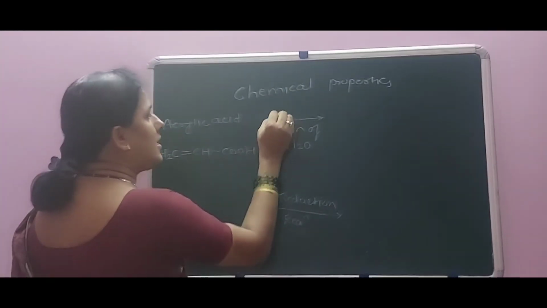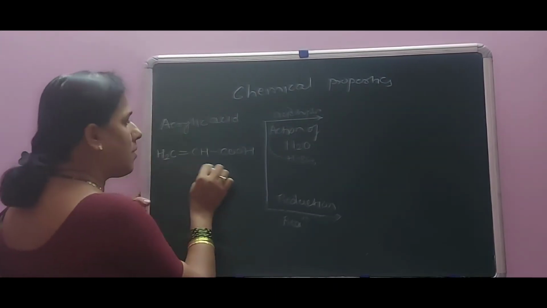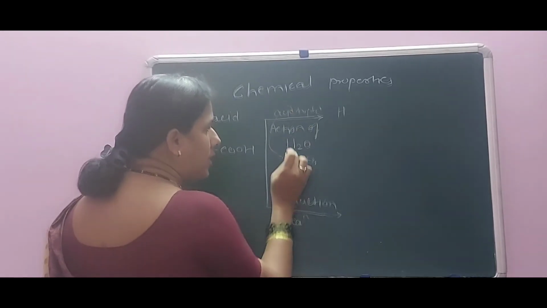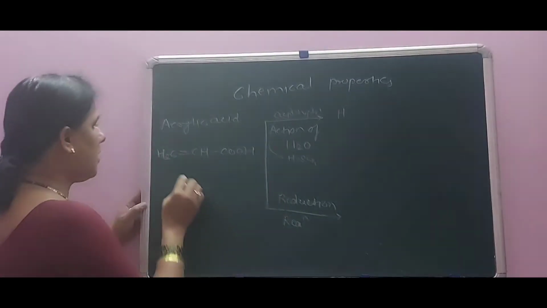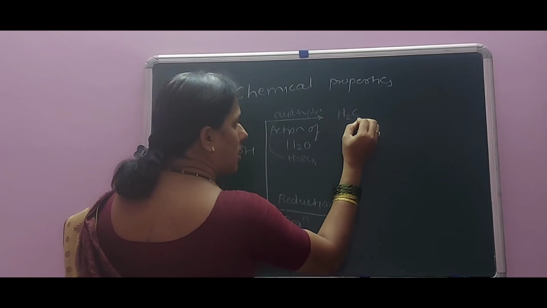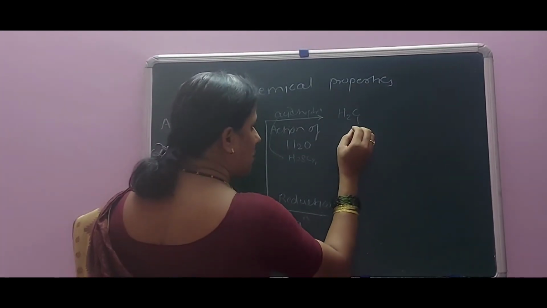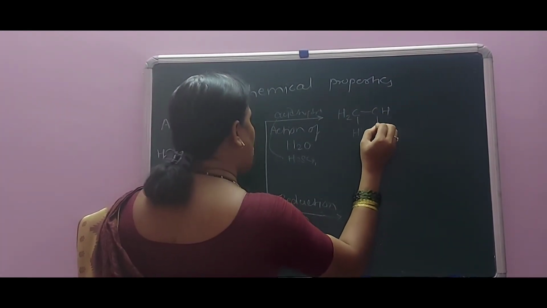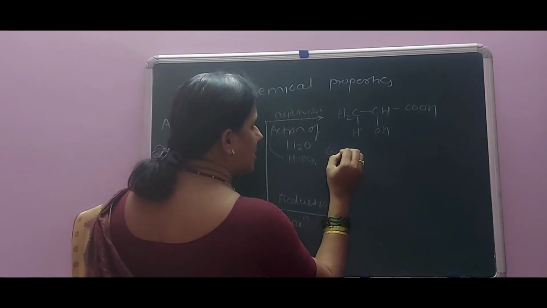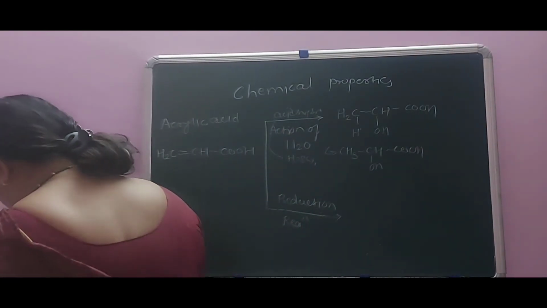Action of water molecules, that is acid hydrolysis, with an acid like H2SO4. Which group is going to be attached here? This double bond is opened, and there is formation of CH3-CHOH-COOH.